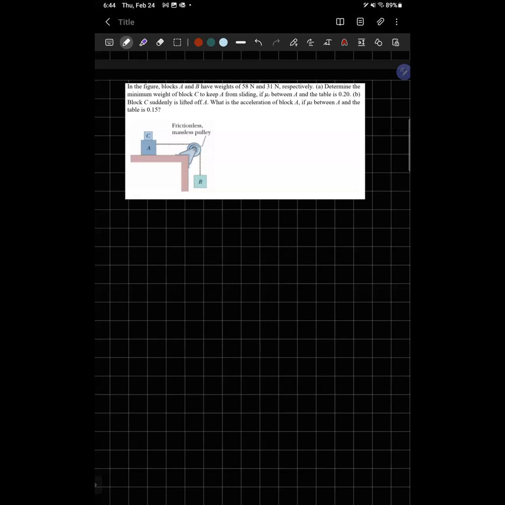So how do I do that? So you can draw your free body, right? And then start doing the free body forces. So let's start with A. What forces are acting on A?